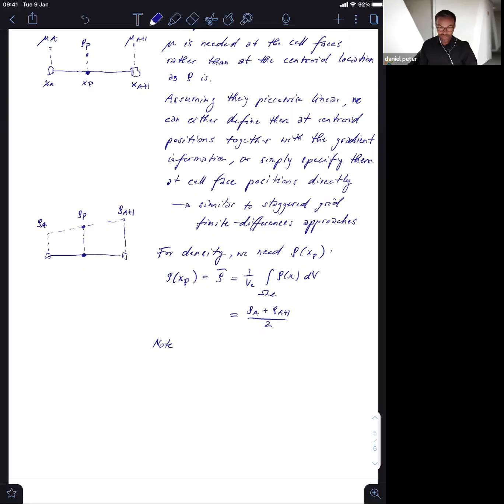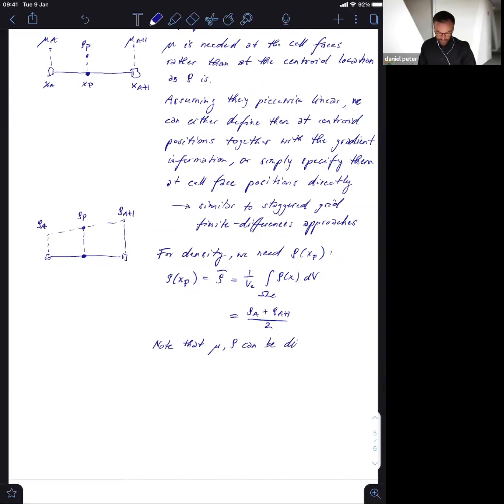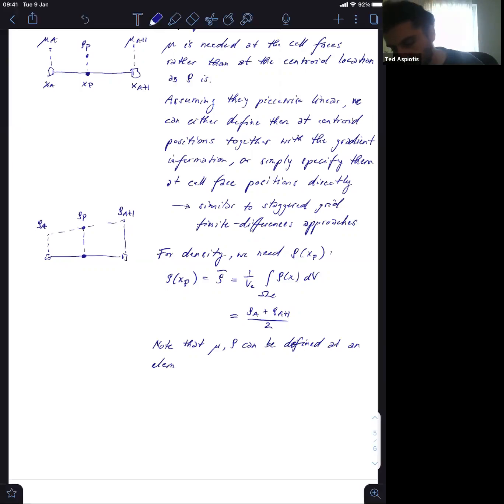Now you're logged in. So let me quickly finish this note about the material properties, the shear moduli mu and density rho. They can be defined at an elemental level, which we sometimes call local level.